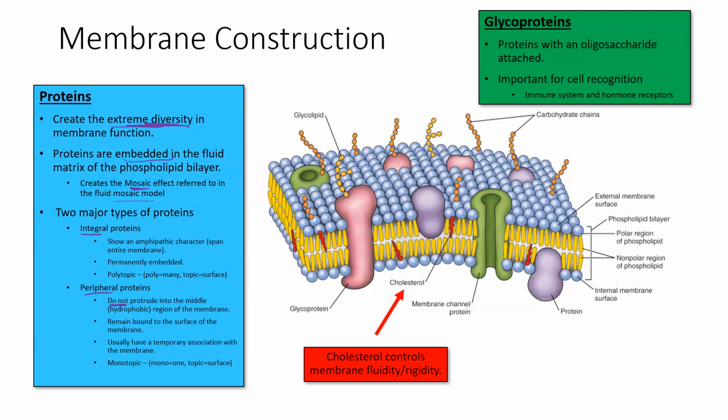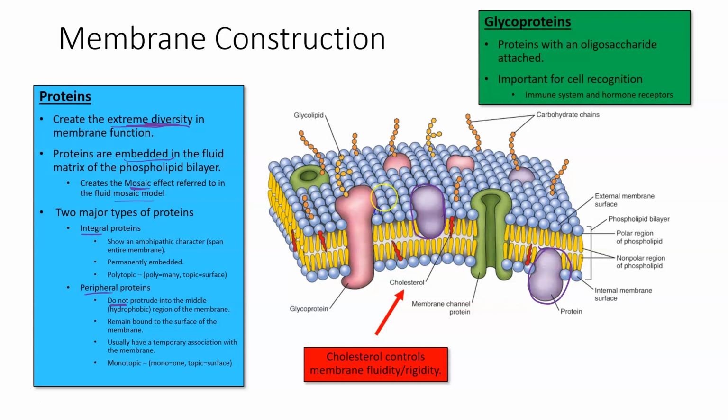Peripheral proteins, for instance, are these structures here. Now I know in this particular diagram, these proteins do semi-protrude into the middle, which kind of contradicts what I wrote here. However, for the most part, peripheral proteins don't expand into this middle nonpolar region of the membrane very far, and don't span the entire bilayer.